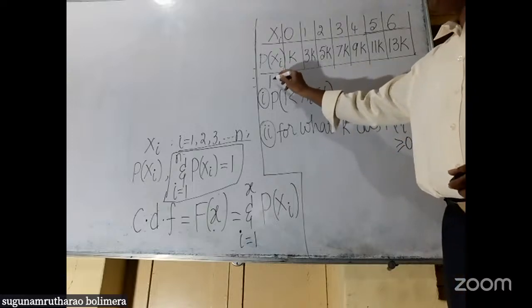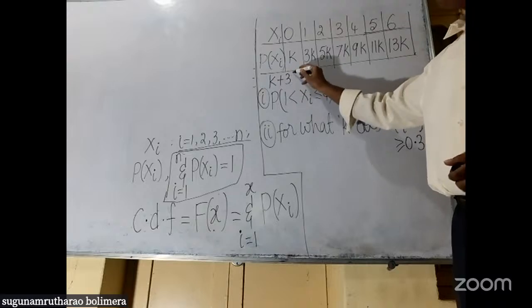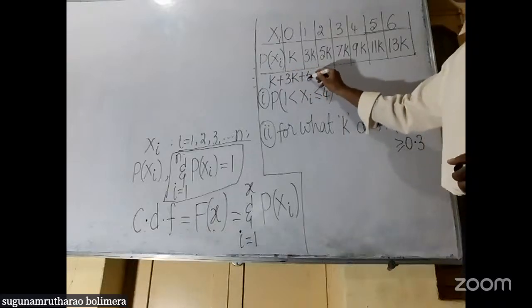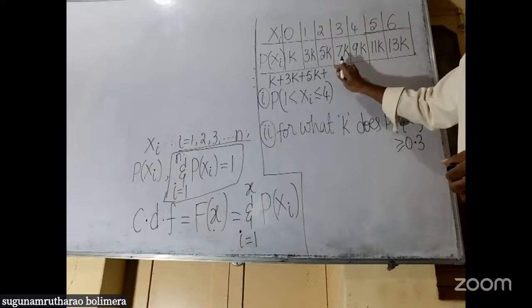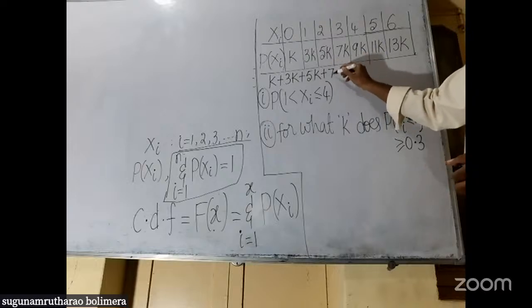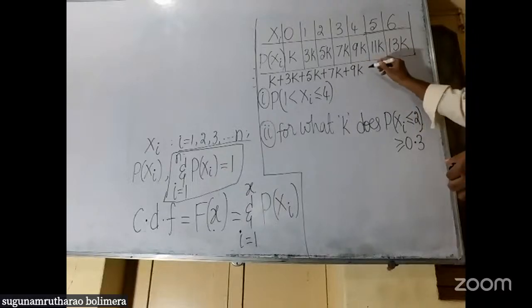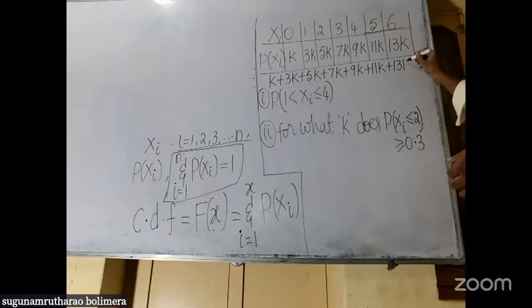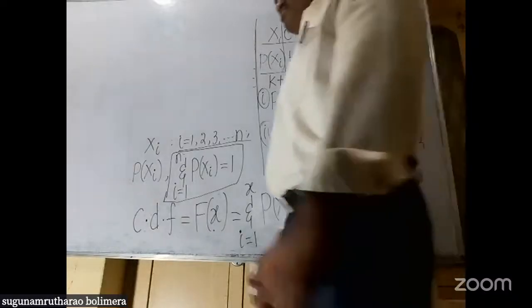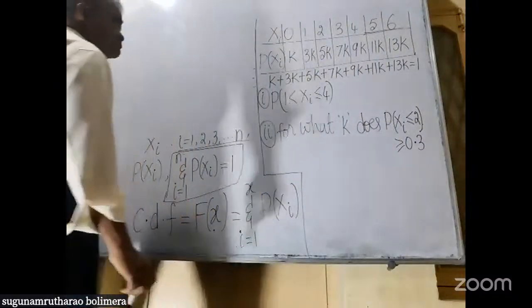So k plus 3k plus 5k plus 7k plus 9k plus 11k plus 13k equals 1.